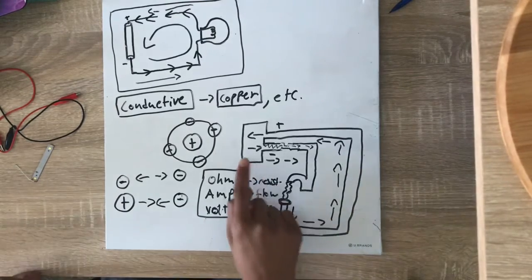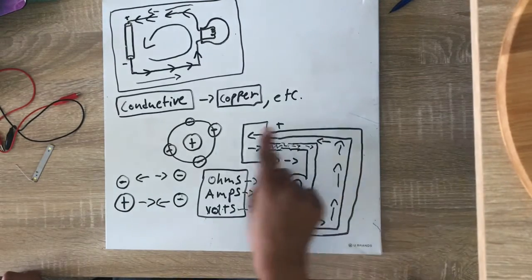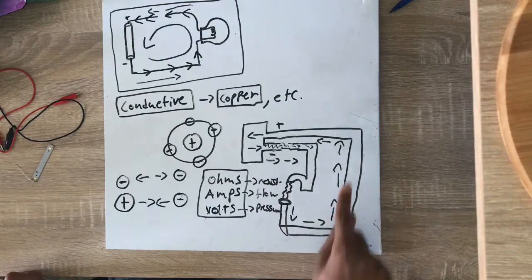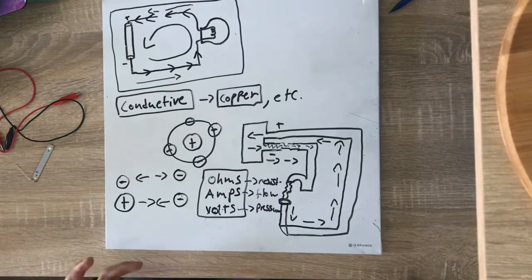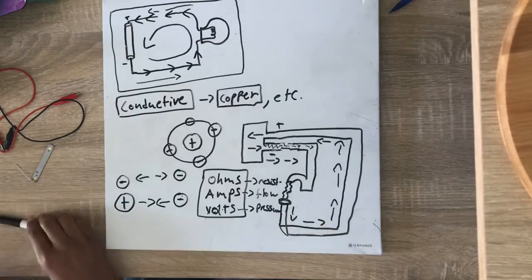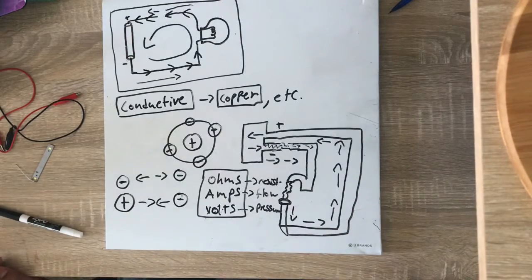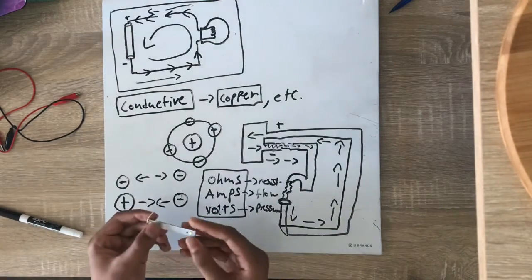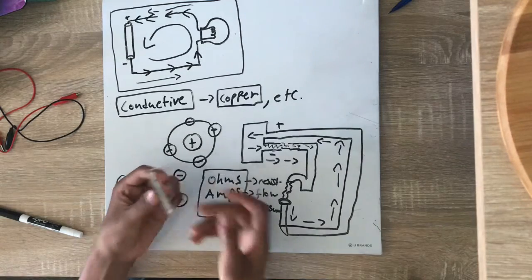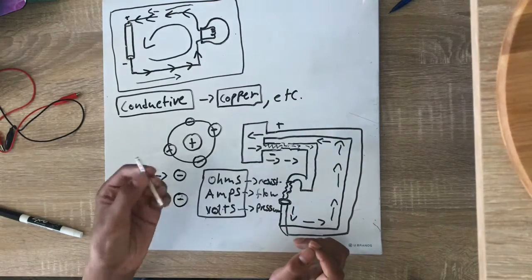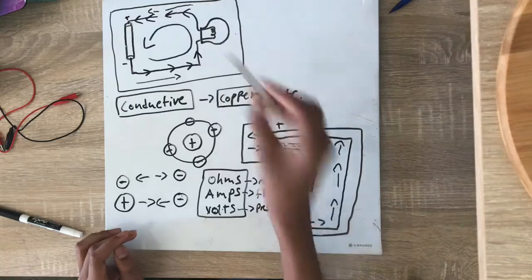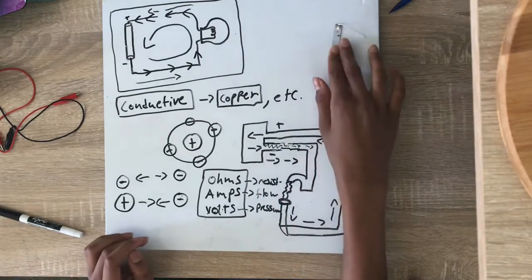So we know that the electrons are flowing through the circuit just like this, but now we're going to test it in real life and see how it works. Here I have some components, like this light. This is an LED light, just like this one here. This is our faucet.